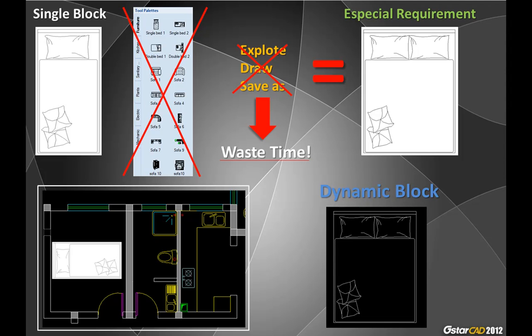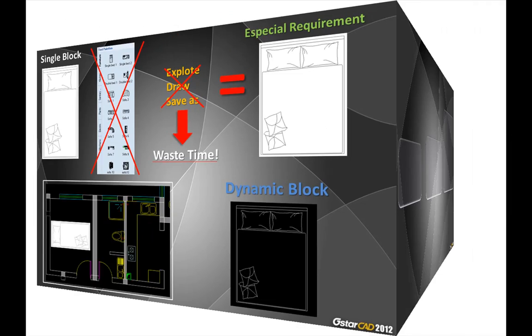So there are two questions. One is where can you do this, and what can you do with this? Okay, where and what can I do? And the answer is very simple. You can do this in our dynamic block editor. So let's talk about dynamic block editor right now.